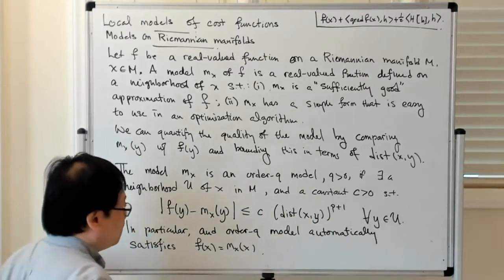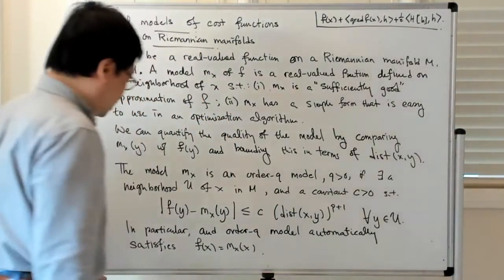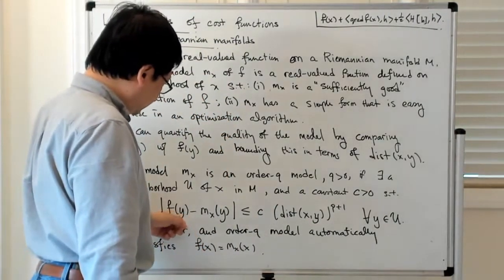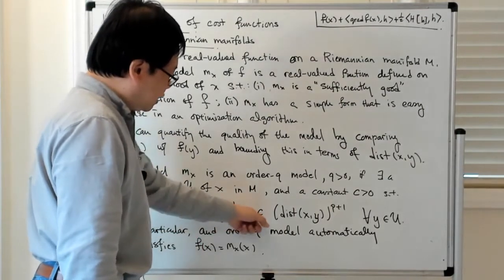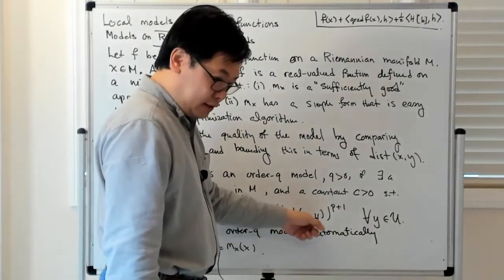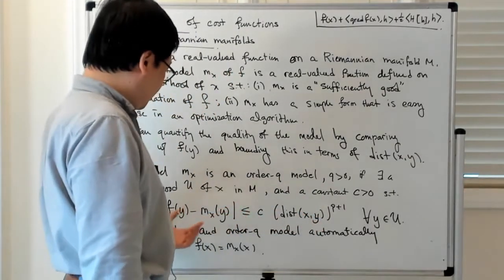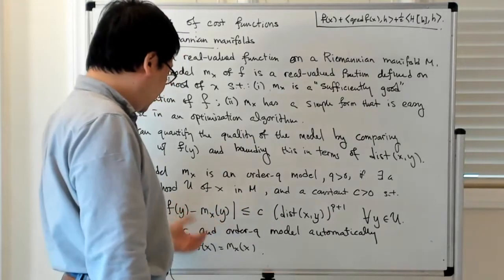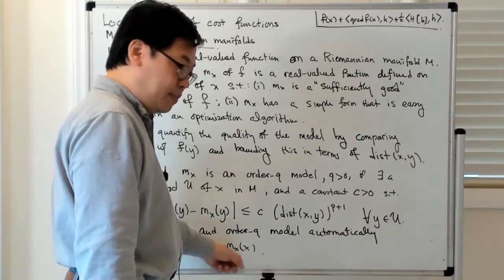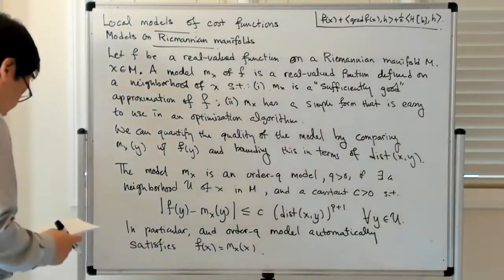That's because when you put x here, you have |f(x) minus m_x(x)| less than or equal to some constant times the distance between x and x, and that's 0. So when y is equal to x, the error you're making is 0, so it has to be that f(x) is equal to m_x(x). That's sort of obvious.